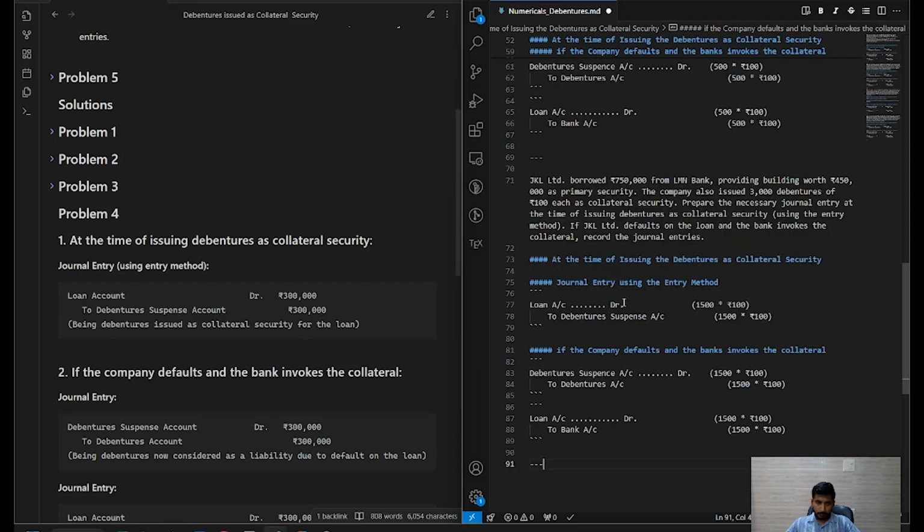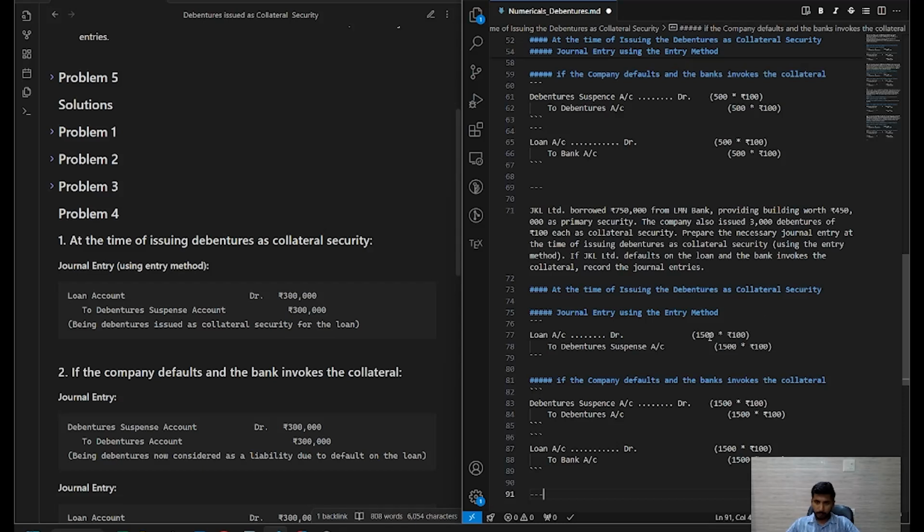And the single entry would be loan account to debenture suspense account, that is rupees 3 lakhs. Why? Because 3,000 into 100, and same.